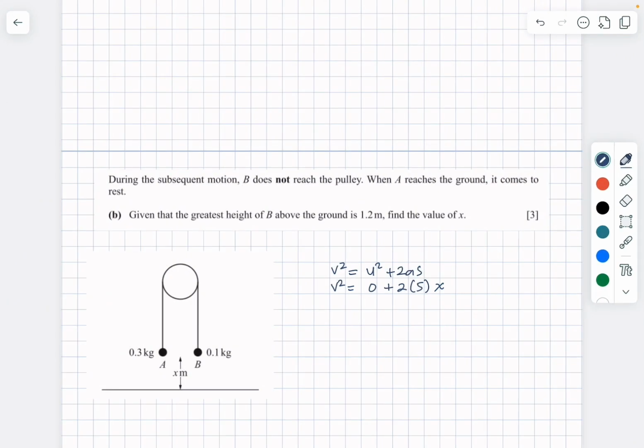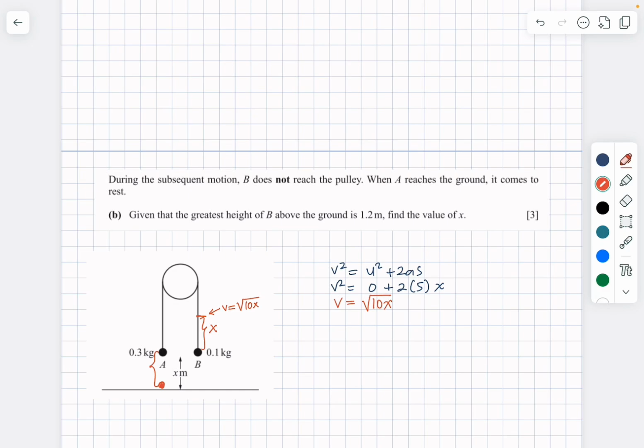Because when A reaches the ground, B moves x upwards. Okay, so this is the speed when B moves x meters.